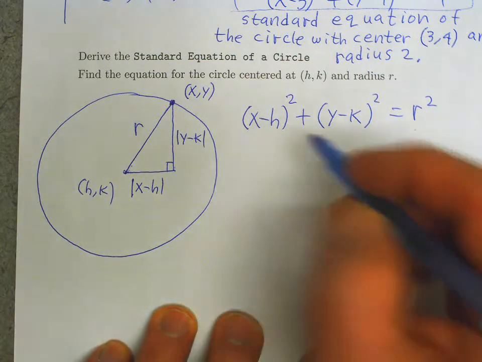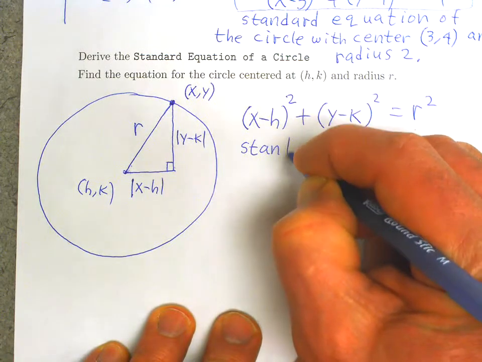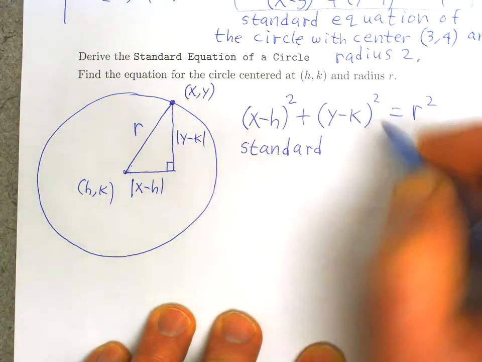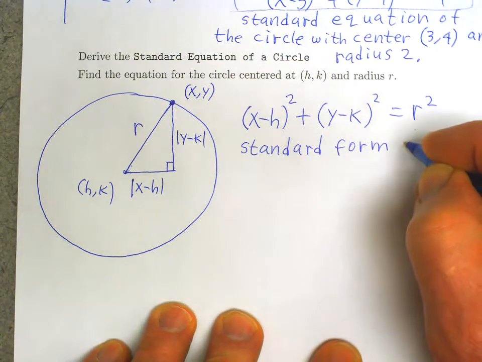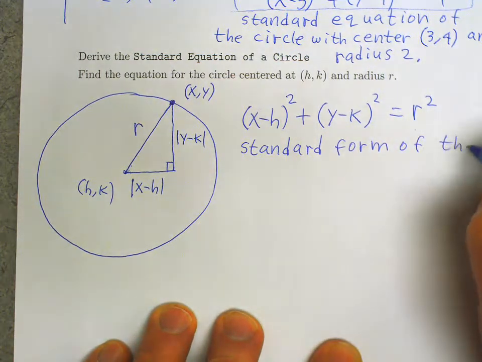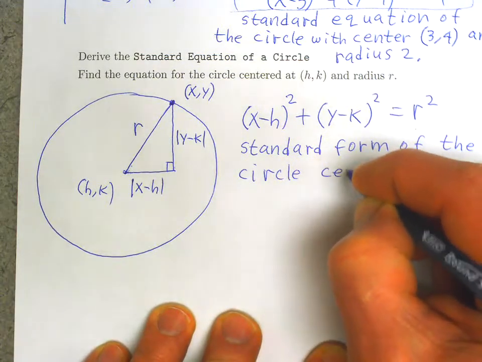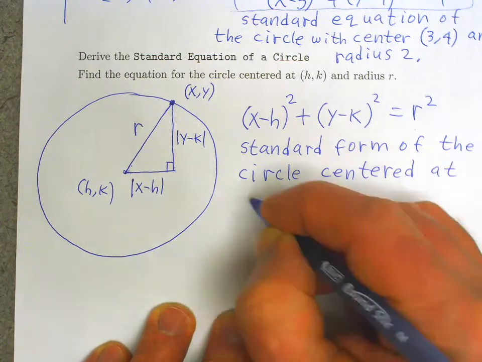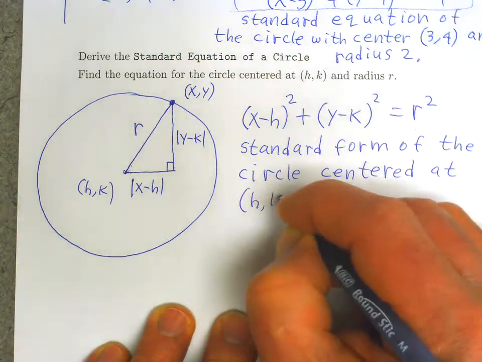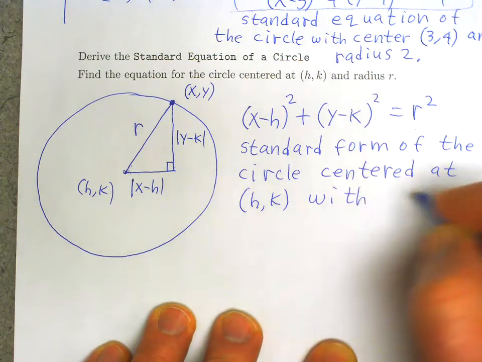So I'll write that down just to help remember. This is the standard form of the circle centered at h, k with radius r.